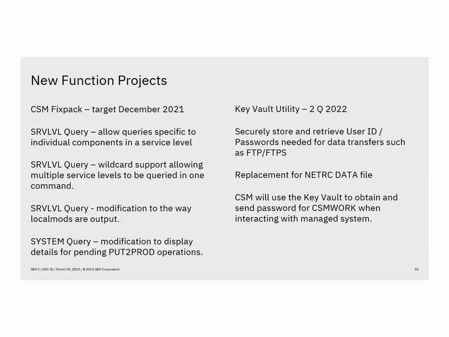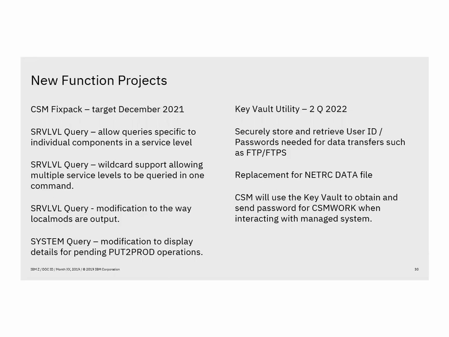Serve level query is also being enhanced to allow wildcard support for referencing service levels. Today, I can do a serve level query for a specific service level, or I can do a serve level query for all service levels in the inventory, and nothing in between.